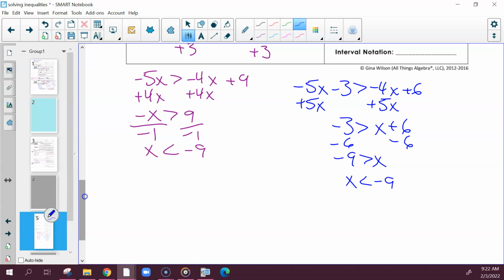You don't have to rewrite it. You can leave it like this. But if you leave it like this, you have to remember to read it backwards, not left to right. So x is less than negative 9, not the other way around.